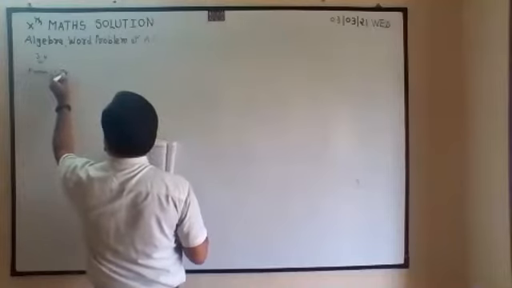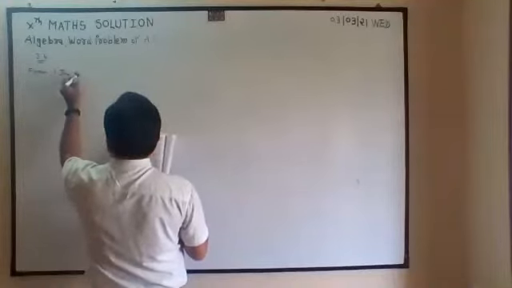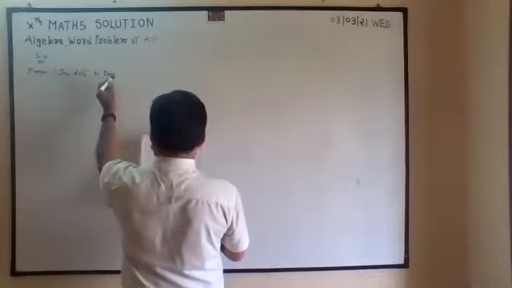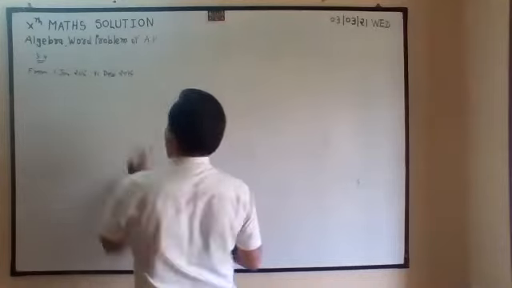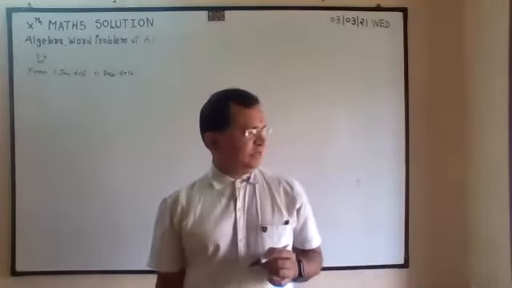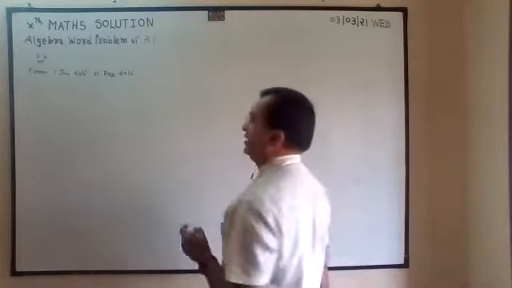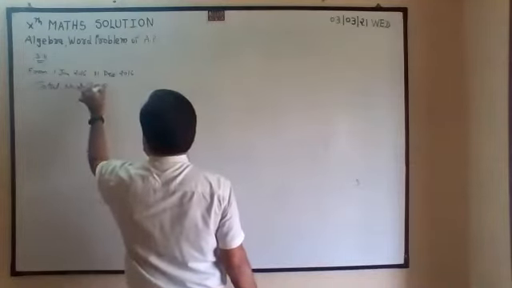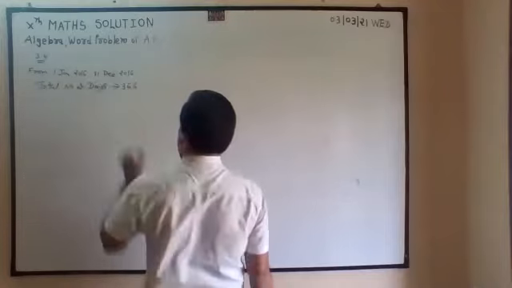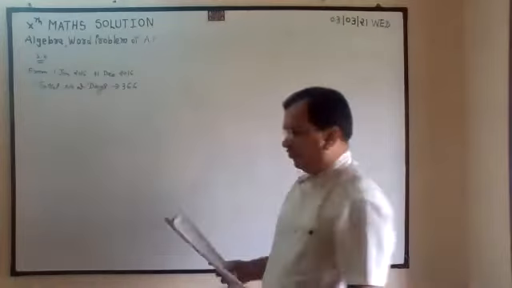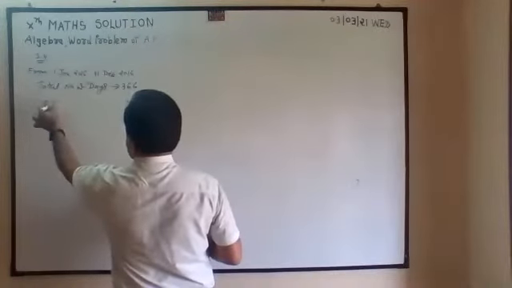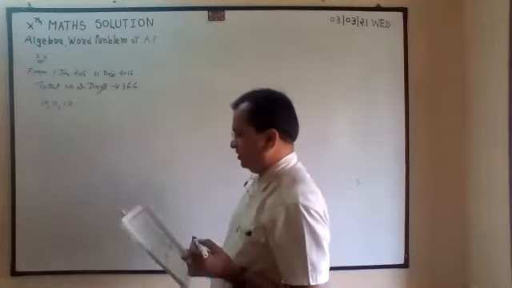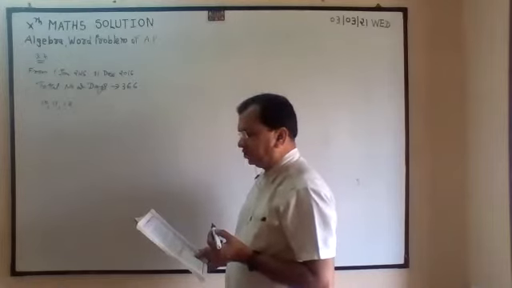From 1st January 2016 to 31st December 2016. 2016 is a leap year, so the total number of days is 366. So n is equal to 366. First day 10 rupees, second day 11 rupees, third day 12 rupees, going on for 366 days. What would be her total saving?